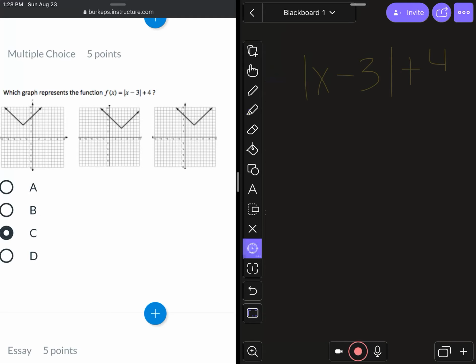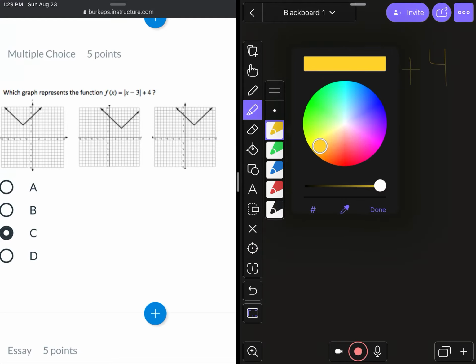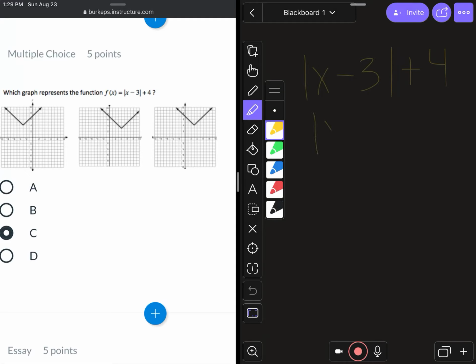First thing I'm going to tell you, ignore this number for just 1 second. If I act like the minus 3 is not there and I act like the plus 4 is not there, I am going to get this function right here. Absolute value of x. So what I did is I ignored this minus 3 and plus 4 for just a second. I get the absolute value of x.